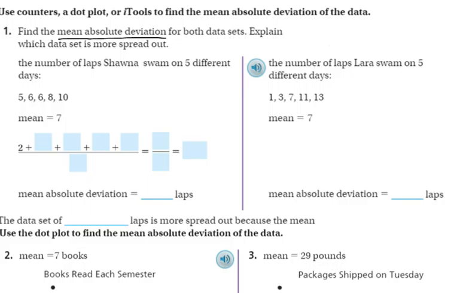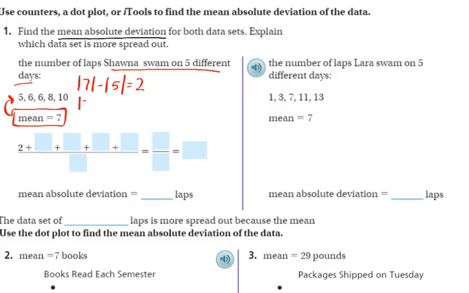All right, so the number of laps Shauna swam on 5 different days: we have 5, 6, 6, 8, and 10. Her mean is 7, so the mean has already been accounted for. So I'm going to subtract and find the differences between her mean and the data points. I'm going to take the absolute value of 7 minus the absolute value of 5. That equals 2.